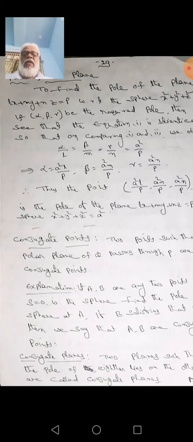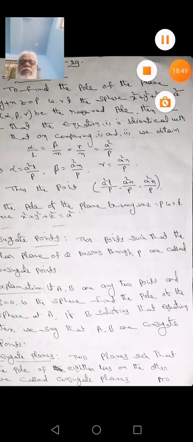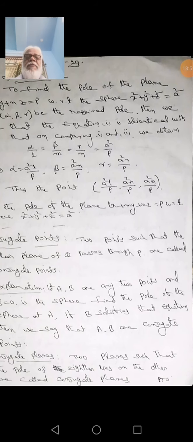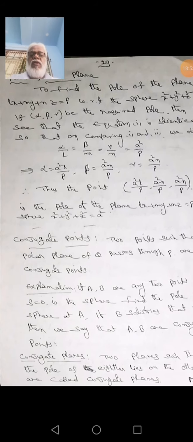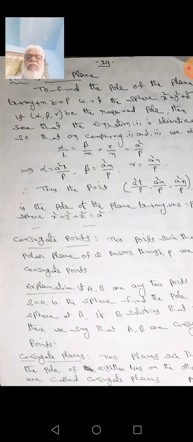If both are in this form, then we can find the pole of the plane. That is the pole of the plane Lx plus My plus Nz is equal to P with respect to the sphere x square plus y square plus z square is equal to a square. This is for information, the pole.